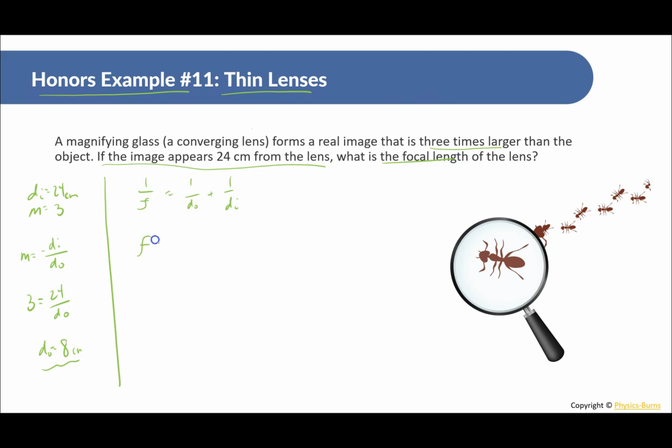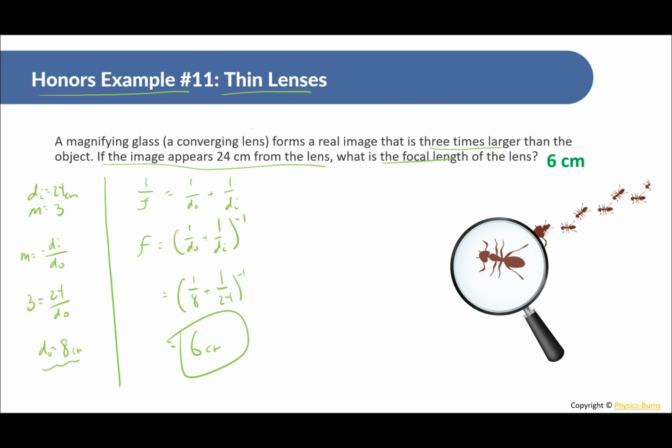So to find the focal length, we just have to find the inverse of this. 1 over distance of object, which is 8, plus 1 over distance of image, which is 24. Inverse of that, and let's figure this out. 1 divided by 8 plus 1 divided by 24. Inverse 6. So the focal length is 6 centimeters.